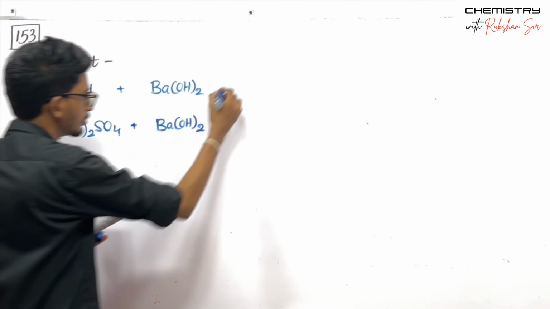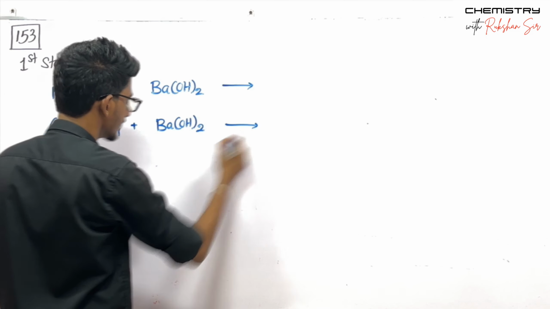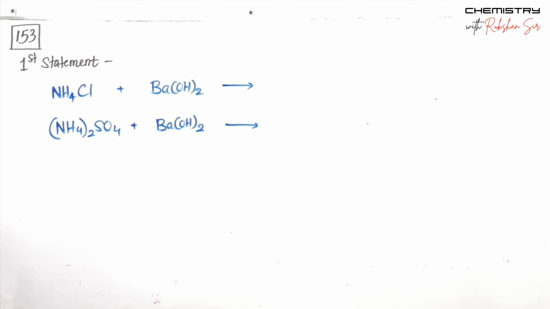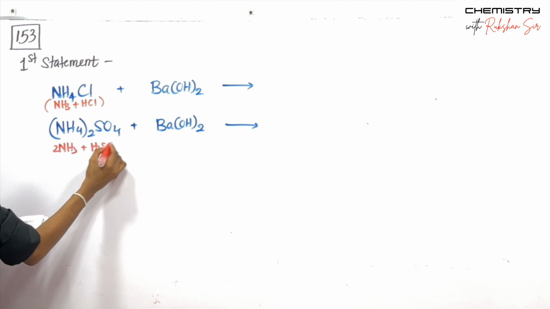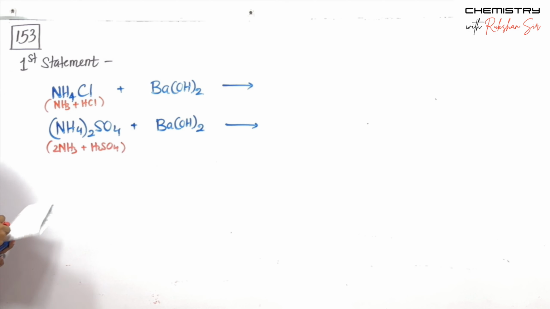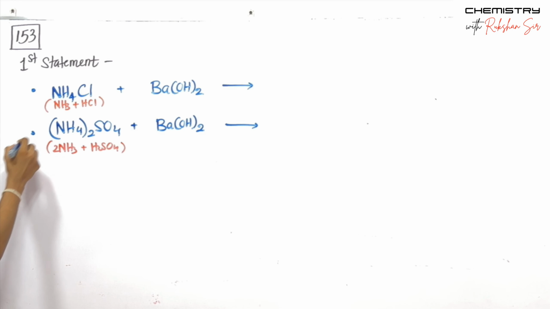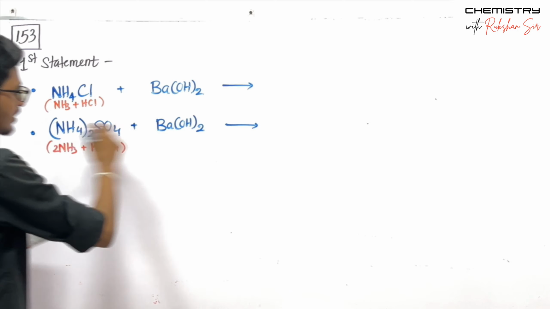So what would be the reactions here? Ammonium salts can be taken as a combination of ammonia and the corresponding acid. Here it is ammonia plus HCl, or 2 ammonia plus H2SO4.